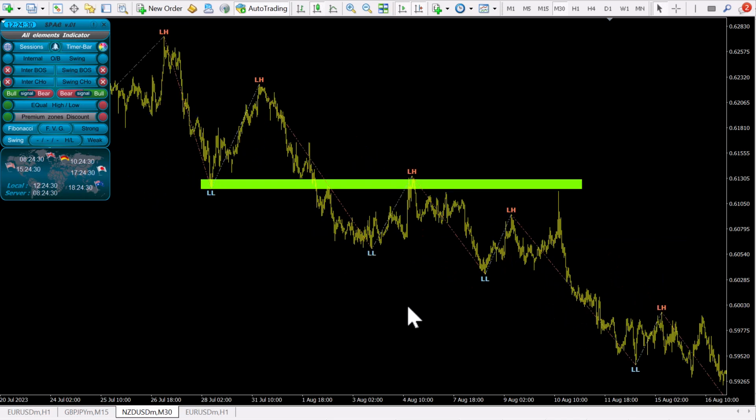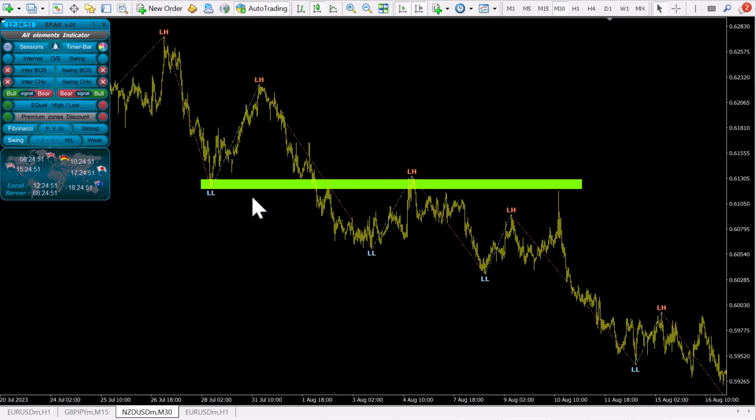This is exactly why I am saying all the time that this tool is a versatile tool and can be used in any kind of trading style that involves price action, regardless of the type of trading that you are doing. You are going to find an element or two that you can integrate in your trading.